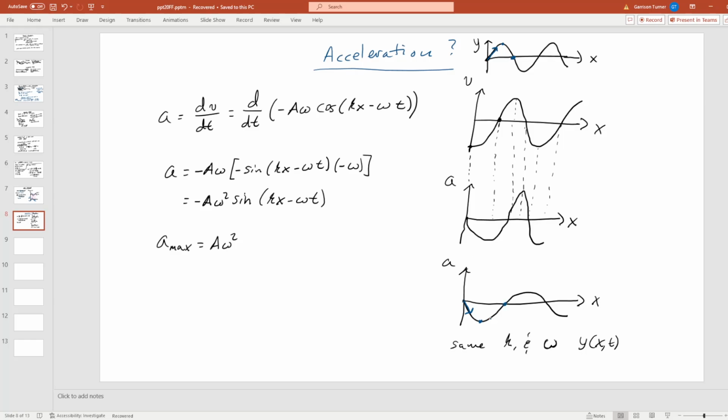Now let's start there, okay? When my position function is 0, my acceleration is 0, and that's when you're moving through the equilibrium position, and that's when the net force acting on your mass is 0. So it should make some sense that that's true, okay?